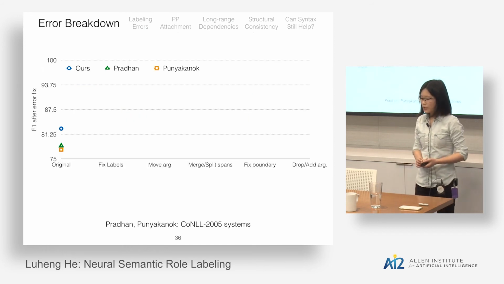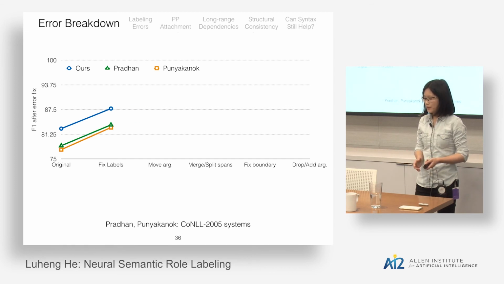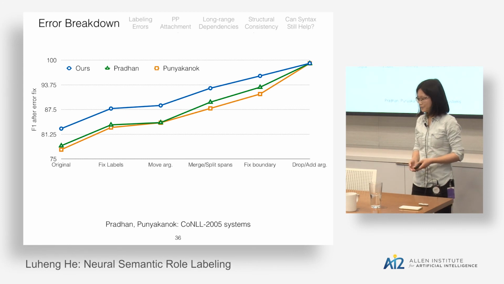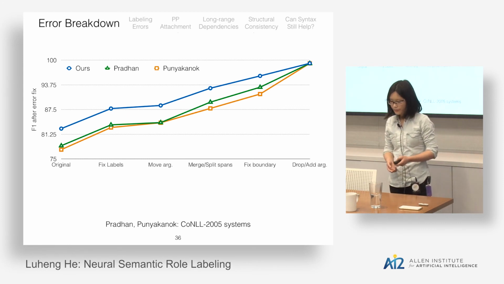The plot here shows the improved F1 after each kind of error fixing operation. We compare to the 2 previous models where we can get their predictions, which are by Pradhan and Punyakanok. So we start from the original model prediction, fix the labels, move arguments, merge and split spans, fix boundary, and finally, all the models reach 100% accuracy where all the errors are fixed.